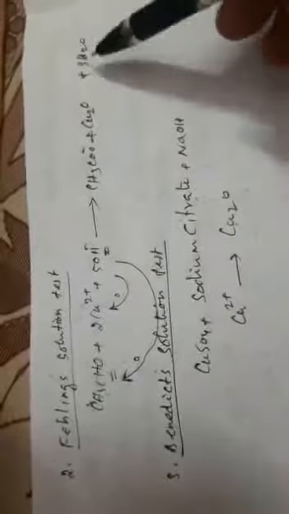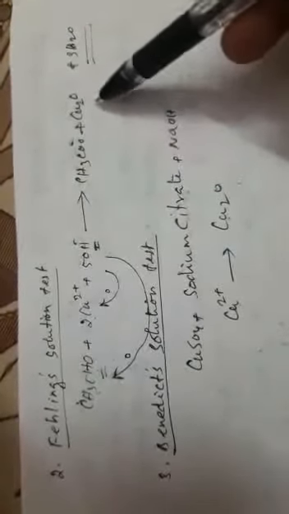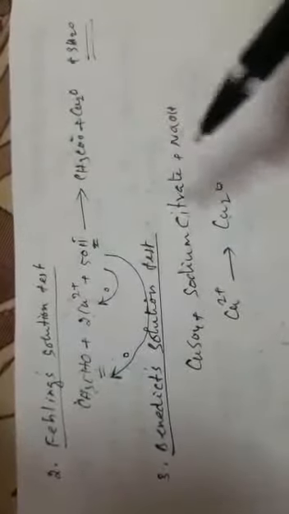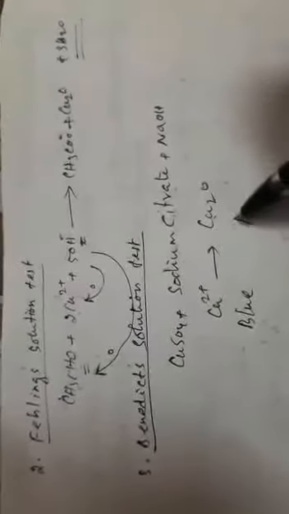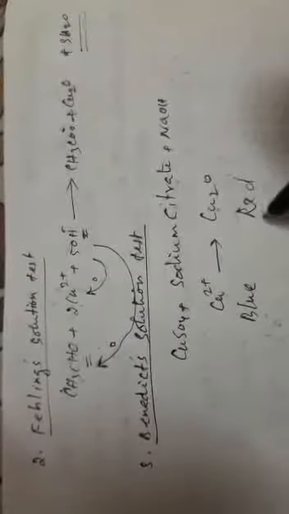Here 5 hydrogen, here 1 hydrogen, 6. 6 means 3H2O released. That remaining 2 oxygen, 1 oxygen goes to copper, another oxygen goes to aldehyde. CH3COO minus plus Cu2O. So Cu2+ is blue color. That product completed means then color will be changed, that means red color. Test will be confirmed.